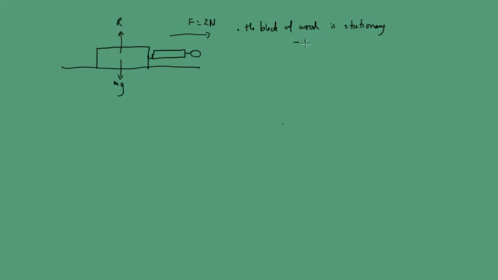This tells us it's still in equilibrium. So there must be another force acting in this direction which is equal to our 2 newtons, and this force is friction, and it must be equal to 2 newtons. Otherwise the block of wood would move.